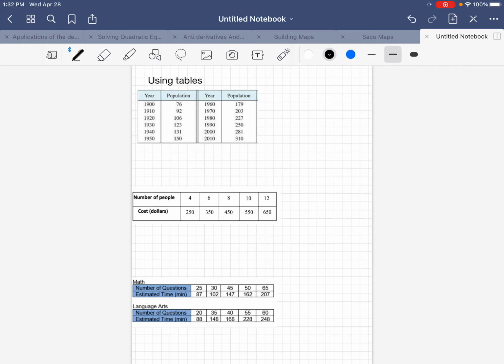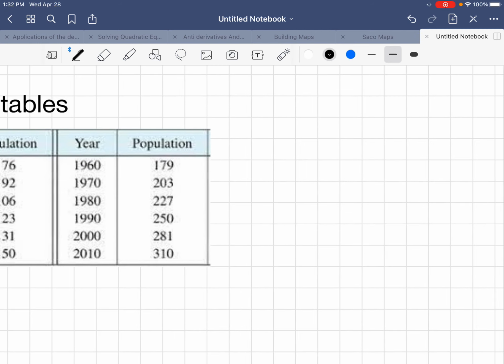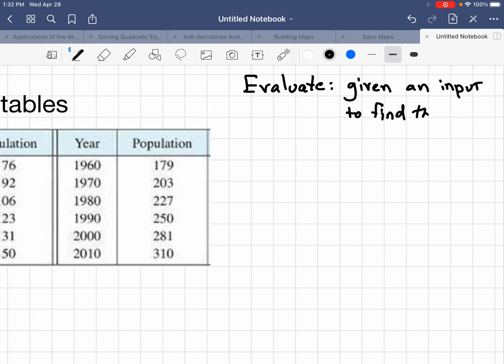This is a video on how to use a table as a representation of a function to both evaluate and solve. So let's talk about evaluating. You're going to be given an input to find the output.